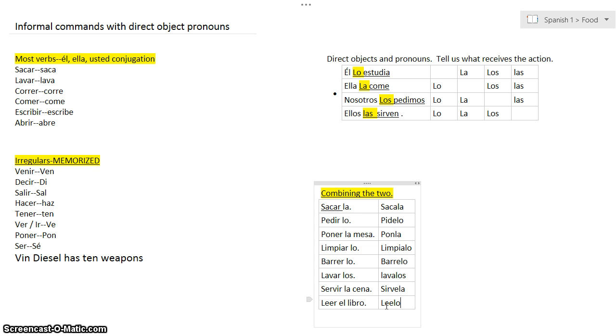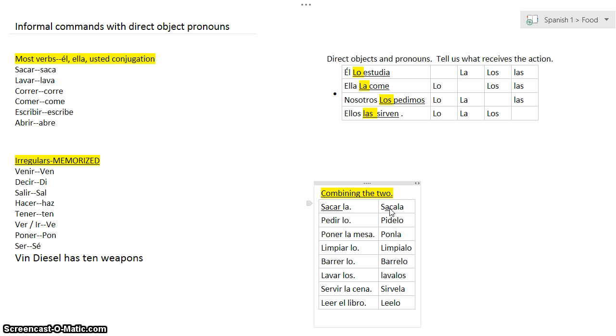So I'm gonna do that one more time. I'm gonna slow down this time, and I want you to hear where the emphasis is on that word. Okay? So I'll start with saca, saca, saca. Okay, the emphasis is right here on this first A. I'm going to do the same thing with pide, pide.